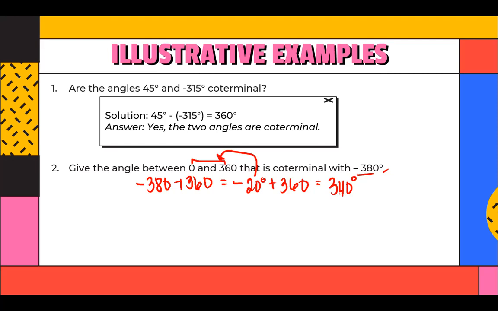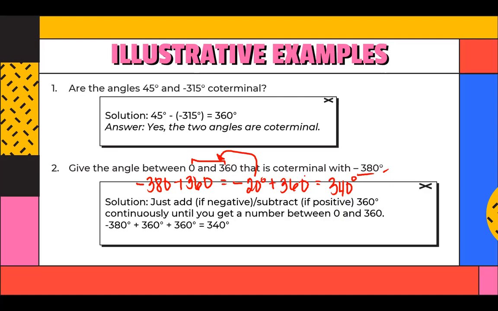And 340 is greater than 0 but less than 360. Therefore, in finding the coterminal angle for this type of problem, you just add 360 if negative, just like this one, or subtract 360 if positive, continuously until you get a number between 0 and 360. The coterminal angle for negative 380 is 340.